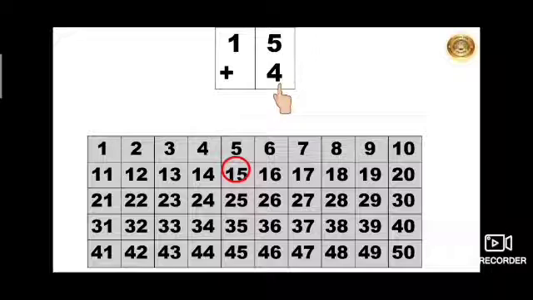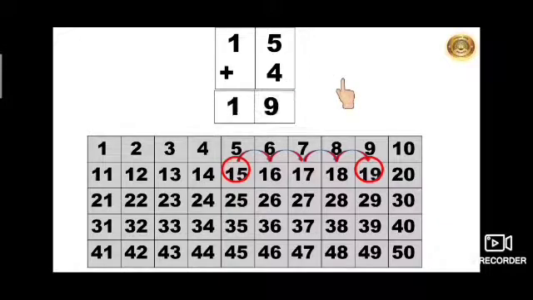Here it is 4, so we take 4 steps. 1, 2, 3, 4. The answer we get is 19, means 15 plus 4 is equal to 19.